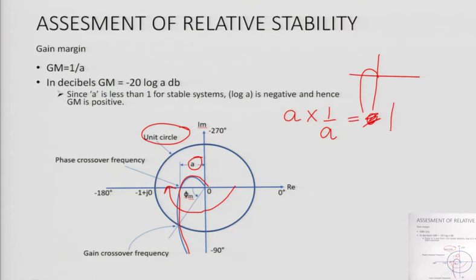So this 1/A is known as the gain margin, the product we multiply to the magnitude when the phase angle is minus 180 degrees.